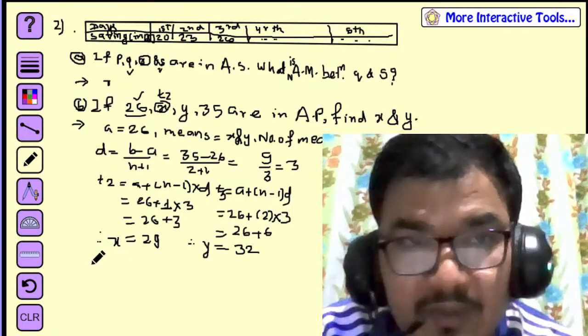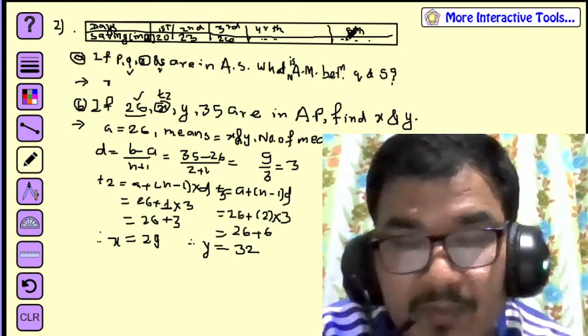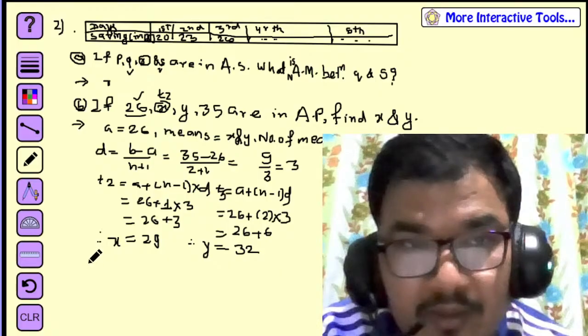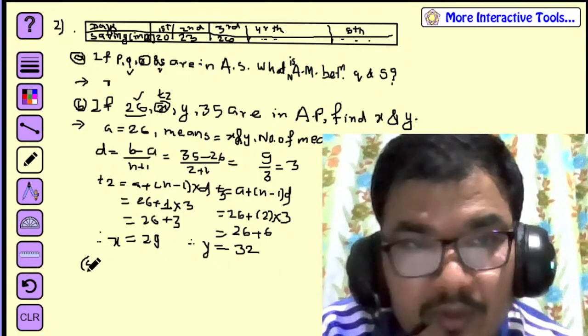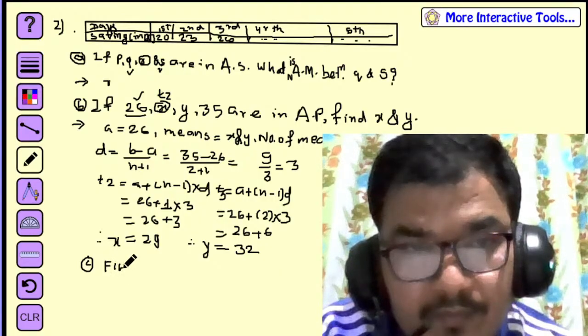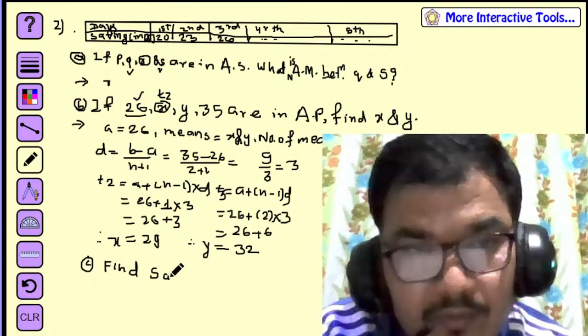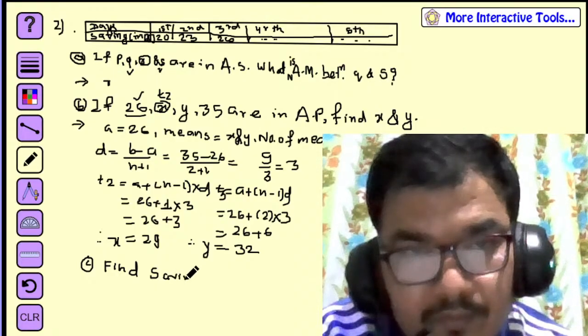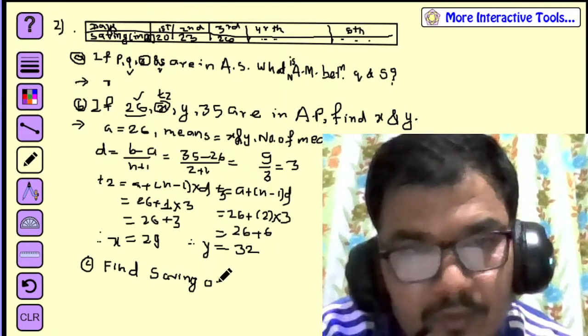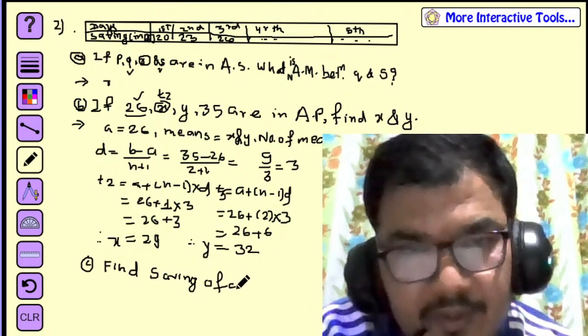If it asks for the value of the fourth and fifth, we can do it the same way. Here it is asking for the saving of the fifth day.